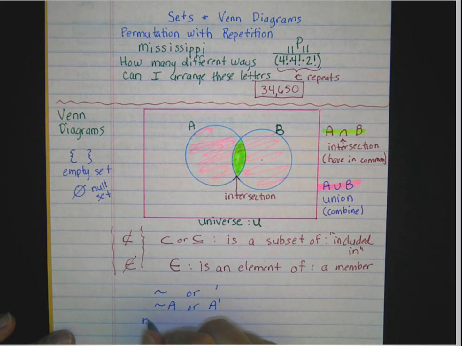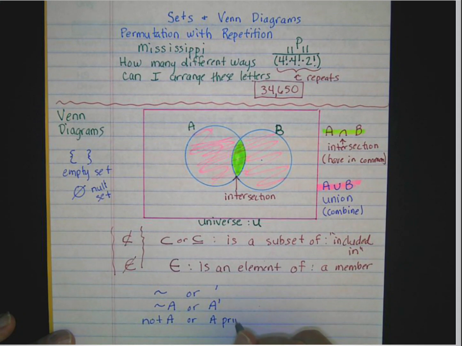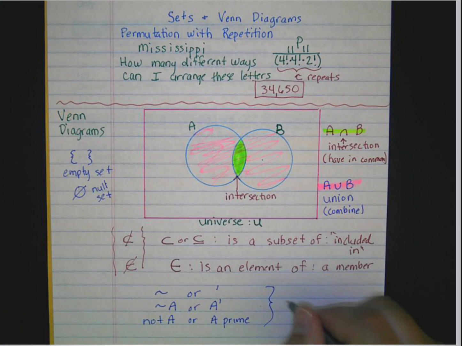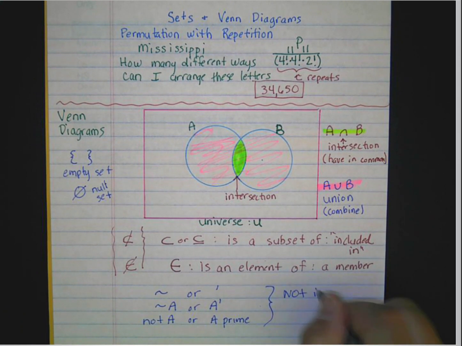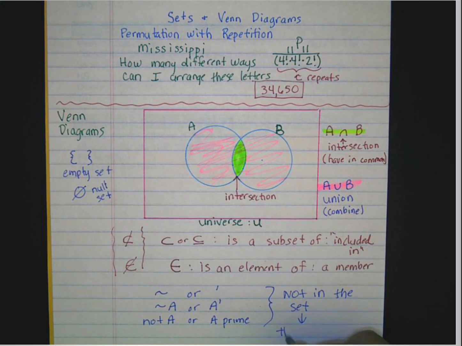That means it's not in set A. Both of those mean not in set A, or A prime. That's how you would say those. But what they both mean is, again, not in the set. It's often called the complement.